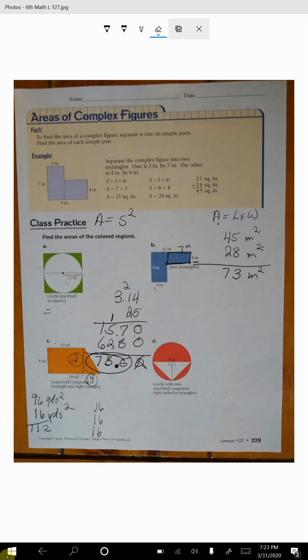Okay. Now we have this giant triangle. It says the circle with 2 inscribed congruent right isosceles triangles. Well, let me just think for a second.